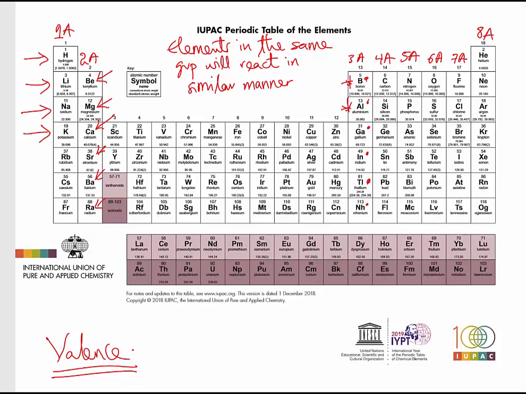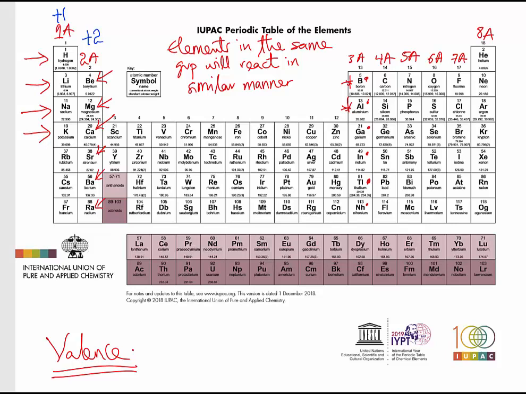Lithium is going to carry a charge of +1. And so will all the elements in group 1A. Beryllium is going to have a charge of +2. And so will all the elements in group 2A.